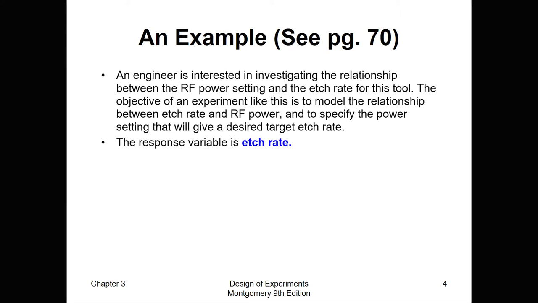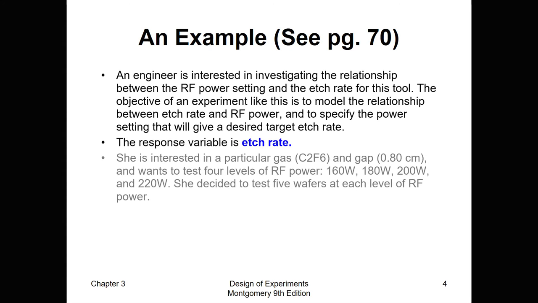Now in this particular case, I'm going to change the power of the tool. I'm going to turn the power up a little more. I'm going to turn it down a little more. And then I'm going to observe how fast it etches. Now this particular researcher is interested in gas and gap, but we're going to fix these levels and we're only going to test 4 levels of power.